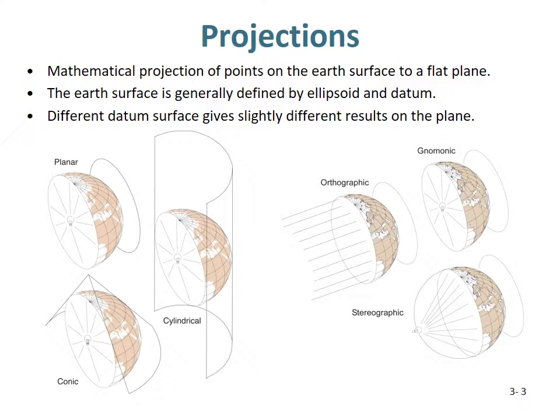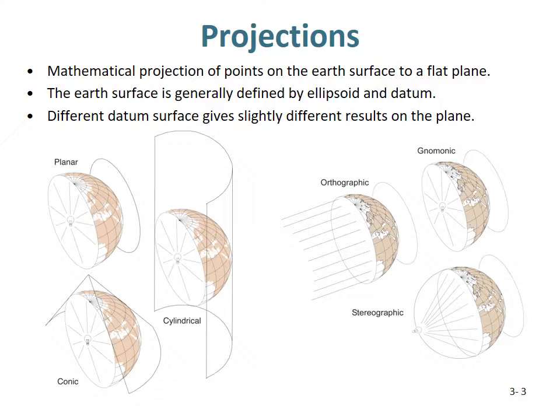So we can see several different terms shown here. Let's look at the ones on the left first. A planar projection is going to go onto a surface that's tangent at one point on the Earth's surface. Conic will be tangent at one or two lines of latitude, usually in one hemisphere or the other, and so conic is really good at zooming in on individual continents in a hemisphere.